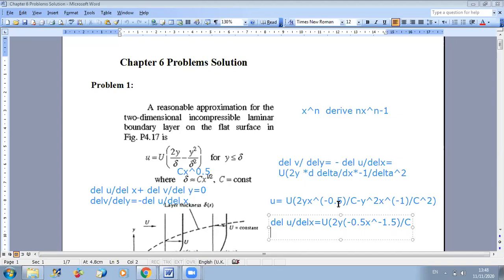And for the second term, I have minus y squared. Now the derivative of x to the power minus 1 is minus x to the power minus 2. So minus x to the power minus 2 over c squared.